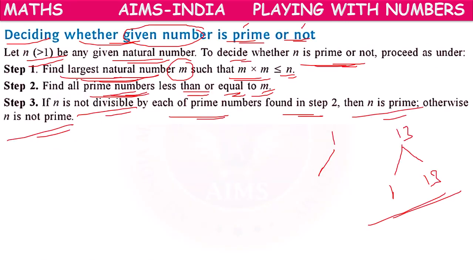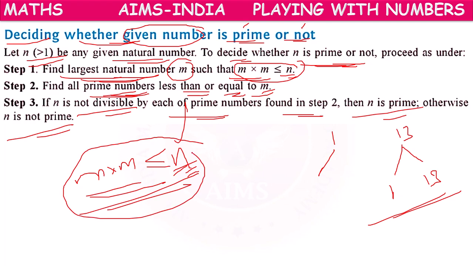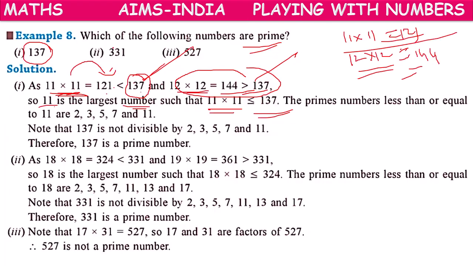Because we have to find the largest number which satisfies this condition, m into m less than or equal to n, where n is the number which we want to find whether it is prime or not. m should be the largest number satisfying this condition. So 11 is the largest number which satisfies this condition.